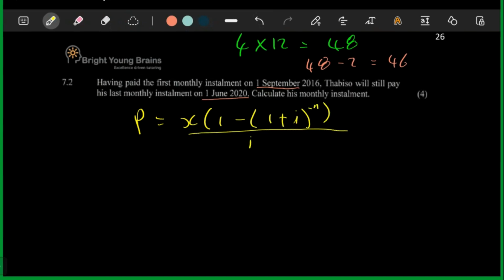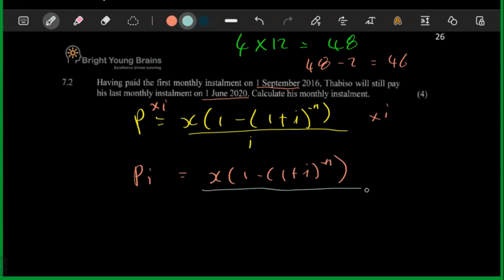Since we're going to solve for x, just isolate x. I like to isolate x by multiplying both sides by the interest. Then we have P times i is equal to x times the bracket 1 minus 1 plus i to the power of negative n. Now you can divide the whole thing by the big bracket on both sides.